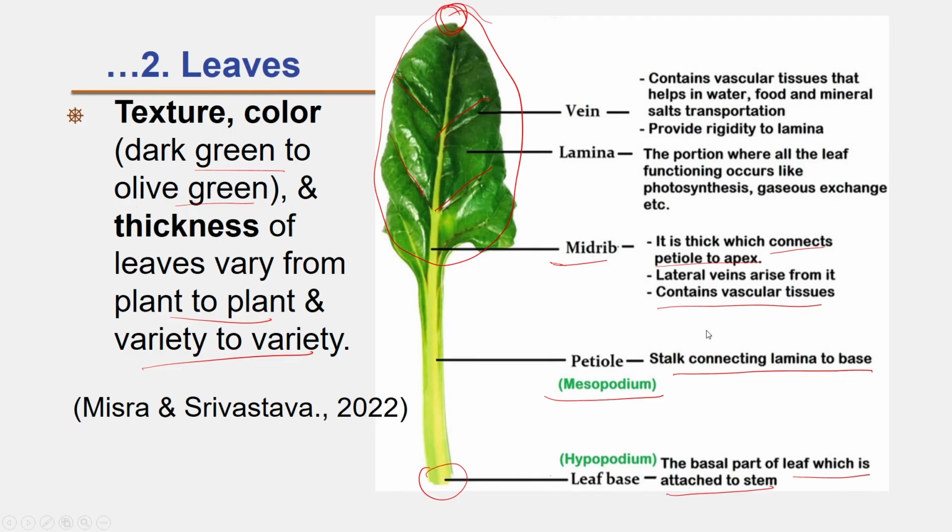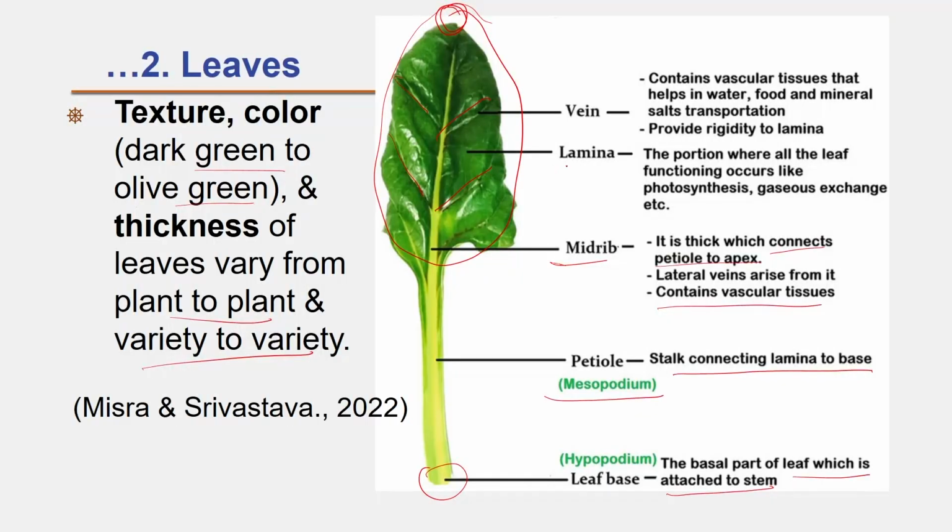Vascular tissues are xylem for conducting water and nutrients and phloem for conducting food manufactured during photosynthesis. Now you see the lamina, the main part, the portion where all the leaf functioning occurs, like photosynthesis, gaseous exchange, etc. So the whole part is your lamina or leaf blade.